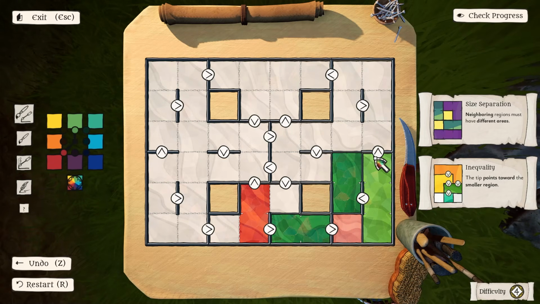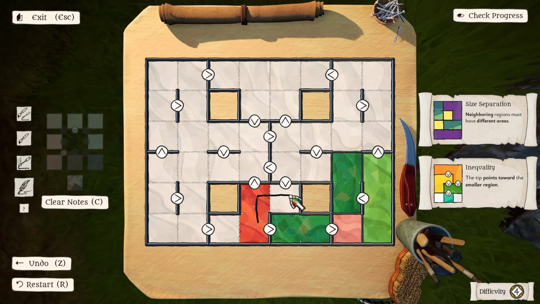What can I do? Hold on, is there some interesting thing here? Maybe. If this is like this, then this has to be greater than that, but also greater than that.